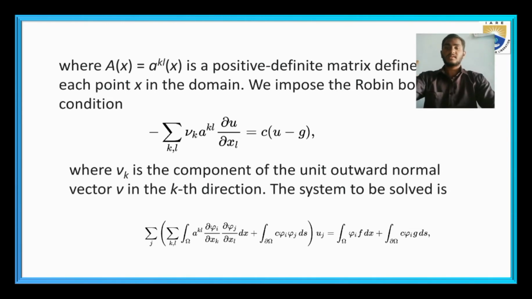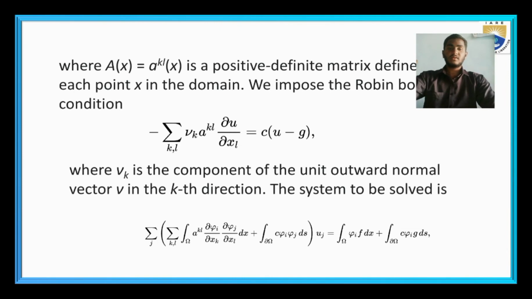that is minus summation over k, l of vk a^kl partial derivative of u with respect to xl equal to c into u minus g, where vk is the component of the unit outward normal vector v in the kth direction.